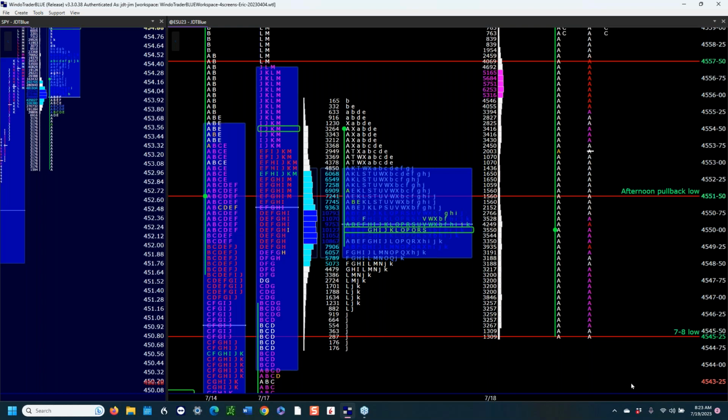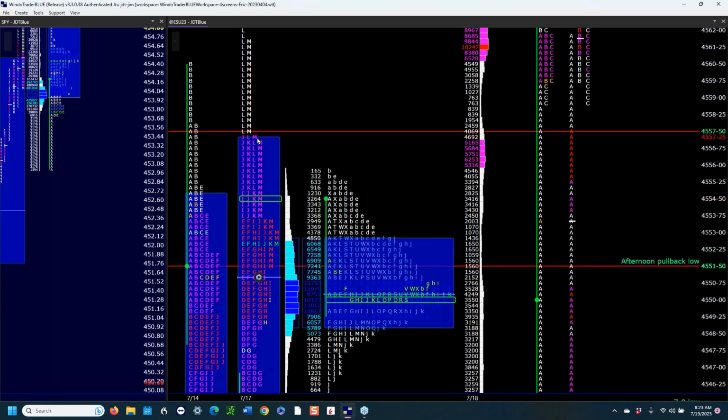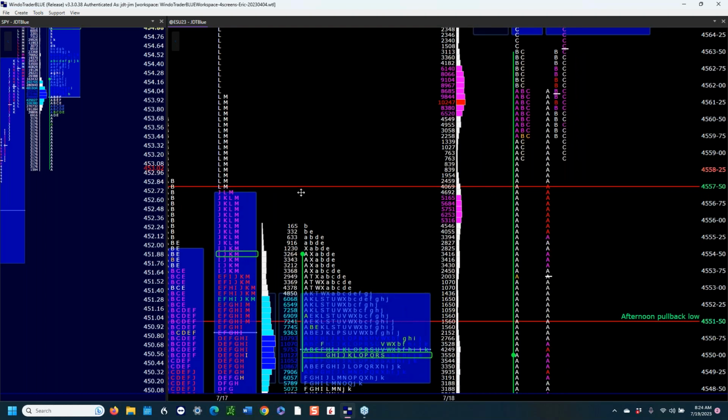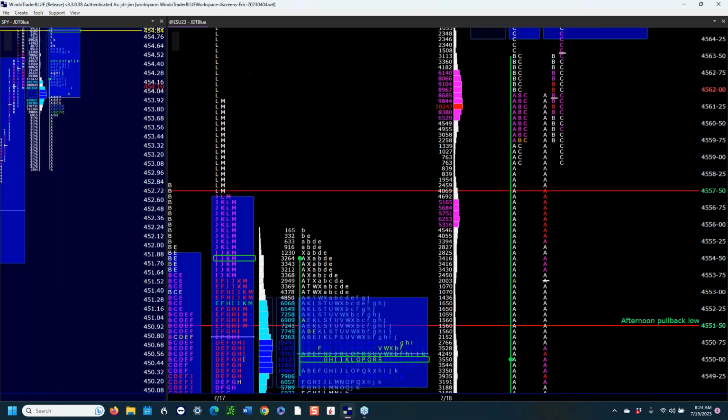You opened, you went down, you tested the overnight low, you couldn't get it, came back up, tested the low one more time, and then you got single prints. Notice that the single prints went to the base of the spike. So the market opened below the spike, it was quickly rejected, and that was it, the spike base. Once you got above the top of the spike, you got another sharp breakout. So that spike was very meaningful yesterday.